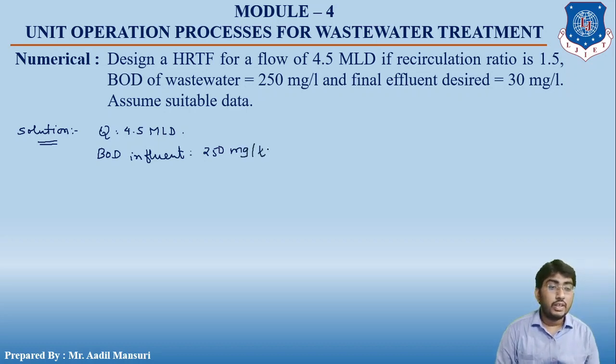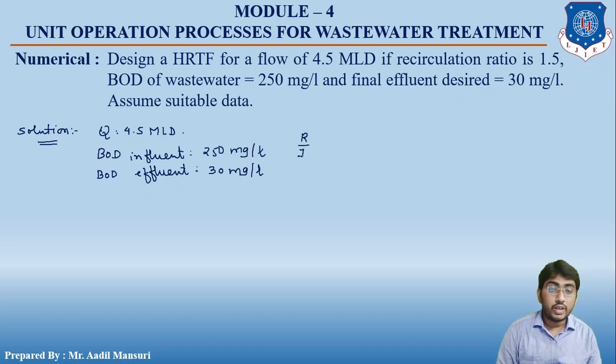Then they have given the effluent, so BOD effluent equals 30 milligram per liter. Now they have also given recirculation ratio R by I equals 1.5.